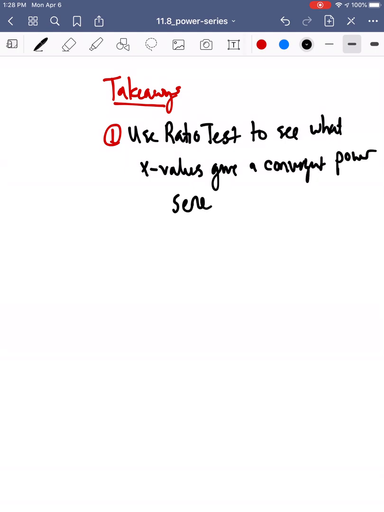And again, the ratio test doesn't give us everything, but it gives us a bulk of that interval. It just doesn't tell us what the endpoints do.